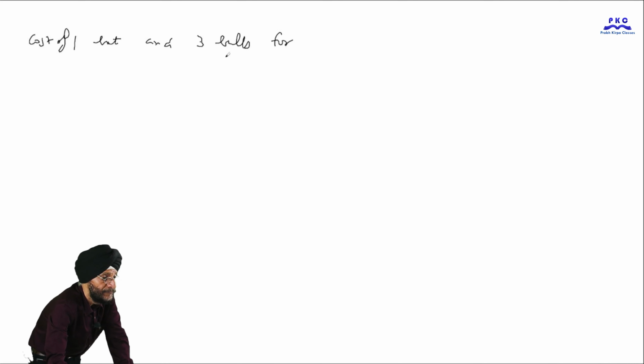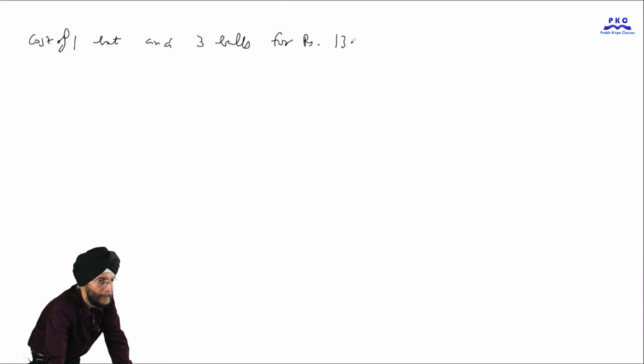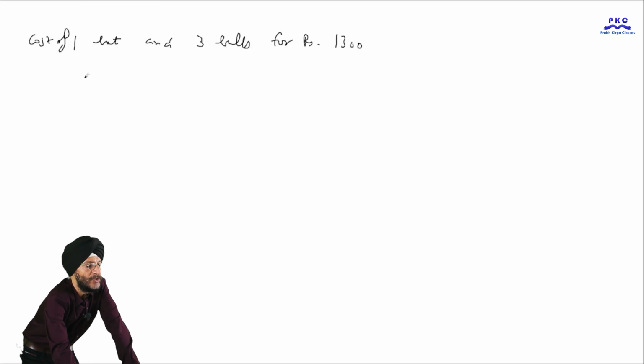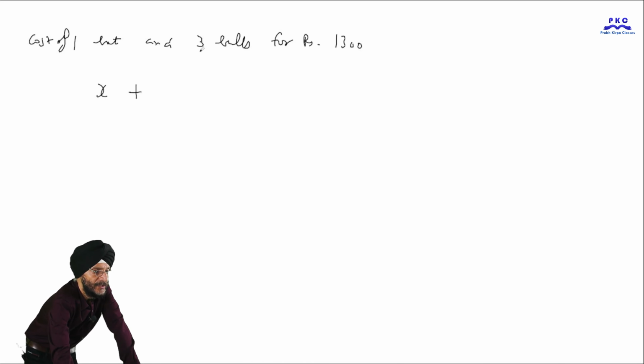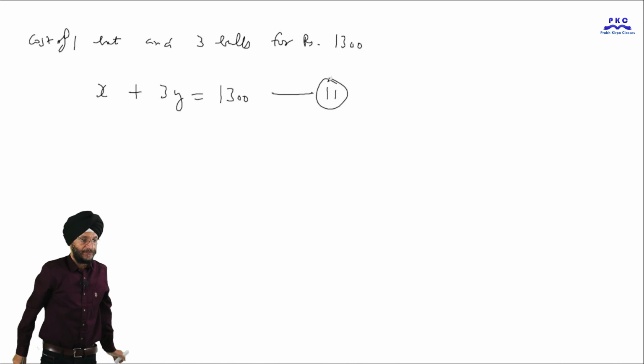Cost of one bat and 3 balls is rupees 1300. So we can also write it as: what is the cost of one bat? It is x. What is the cost of 3 balls? It is 3y. So now it is 1300. This is the second scenario.